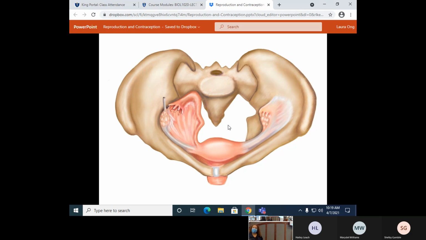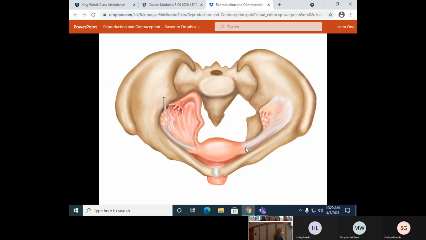And then the second important structure on here are these tubes that are going near the ovaries and also connecting with the uterus here. And these tubes can be called fallopian, with a capital F, fallopian tubes or uterine tubes.